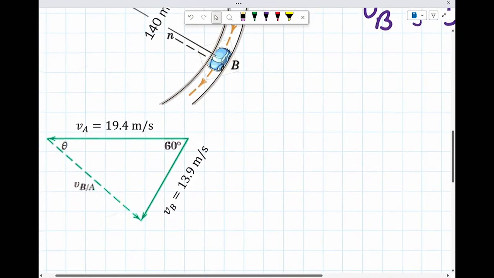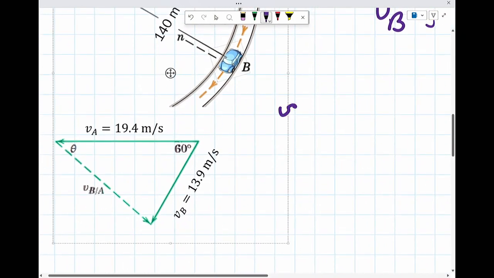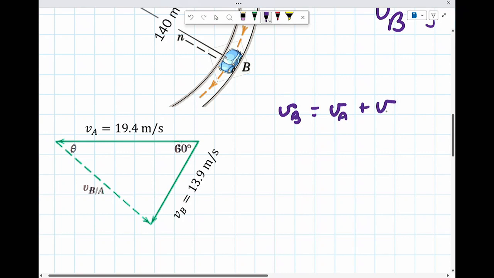So, if I have velocity of B equals velocity of A plus velocity of B with respect to A, the way I would like to solve this is to use my components. I've drawn out there the two velocities. So velocity of B, if you complete the triangle, is acting at 60 degrees, acting downwards, 13.9 meters per second. Velocity of A, 19.48 meters per second.